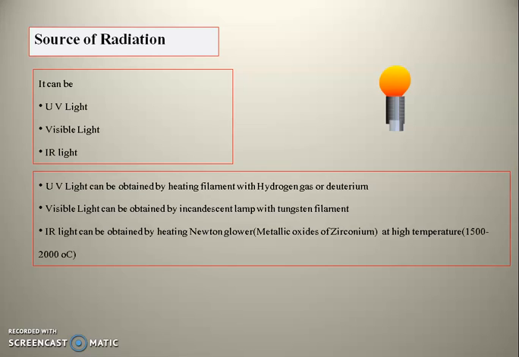For example, UV light can be obtained by heating filament with hydrogen gas or deuterium. Visible light can be obtained by incandescent lamp with tungsten filament. IR light can be obtained by heating Nernst glower at higher temperatures. Based on the type of requirement, we have to choose radiation source.